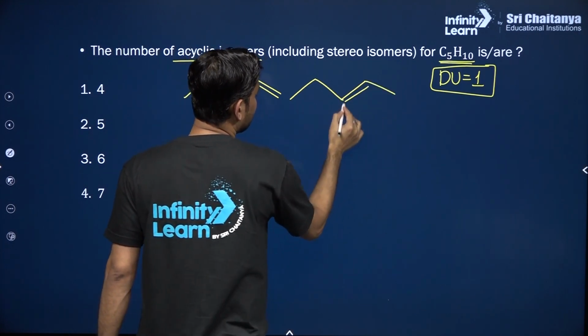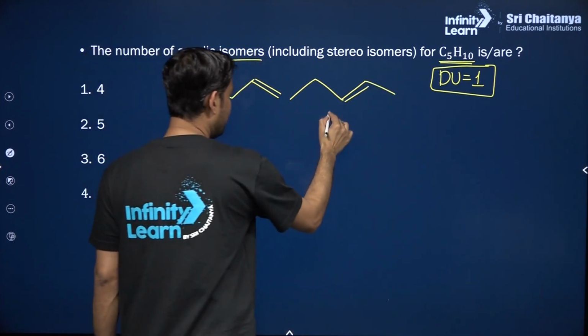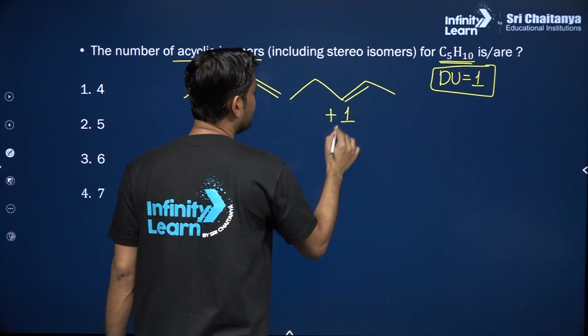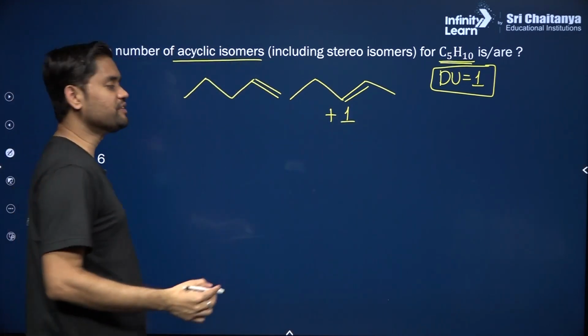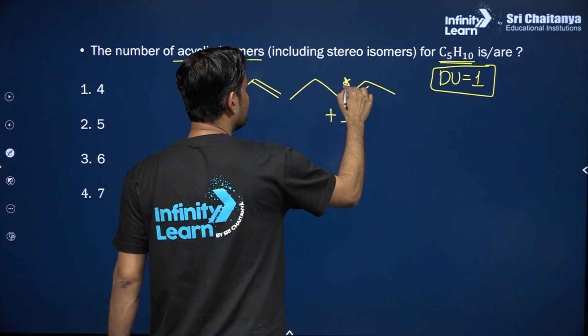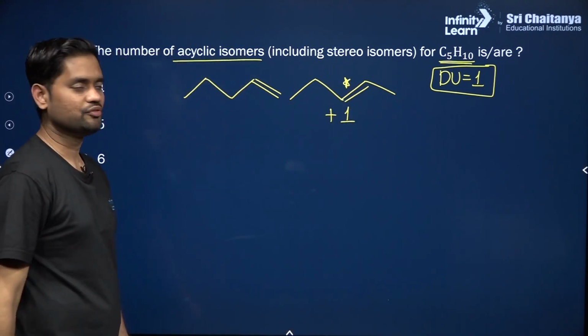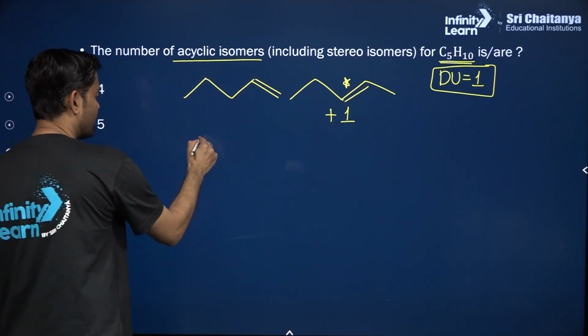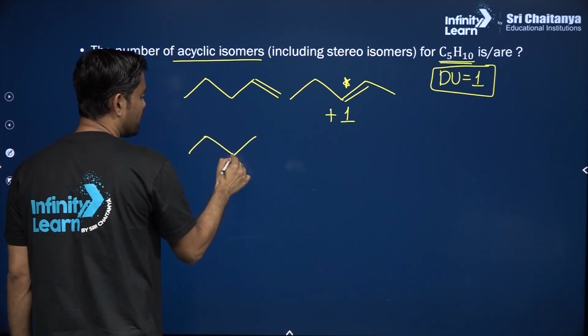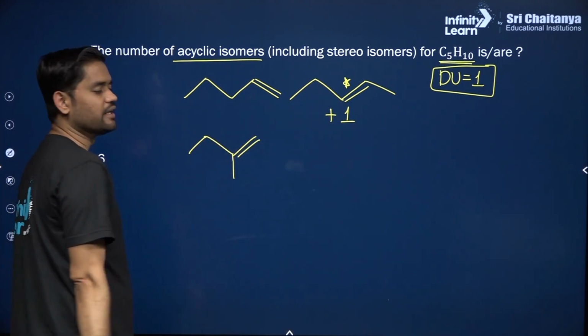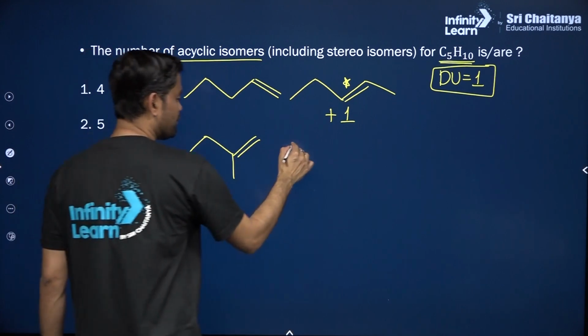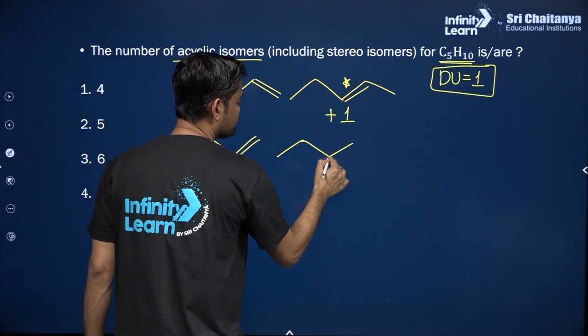Then you can shift the double bond as pent-2-ene. Okay, here I can say you +1 as well. Why +1? Because this will give you cis and trans. It is stereogenic, so it will give you a cis trans isomer. So total 3. Then longest chain consists of 4 carbon atoms. Okay, so this is one of the structures that can be drawn.